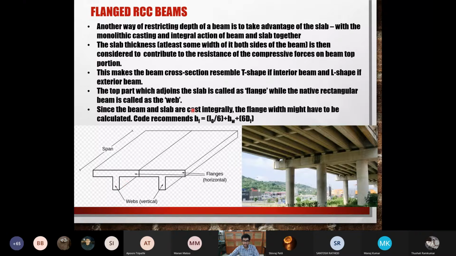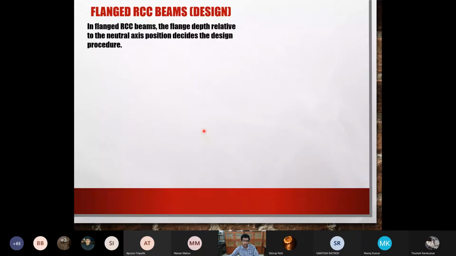And for L beams, similarly, you have another formula for the BF given in the code. So how do we design these flanged RCC beams? The first thing that we want to find: in a normal rectangular section, it is very easy for us to locate where the neutral axis is.